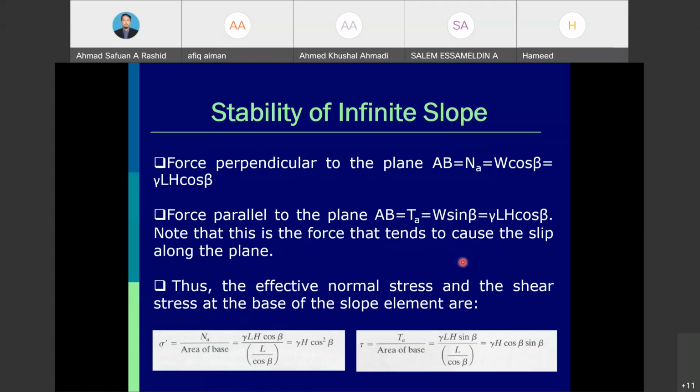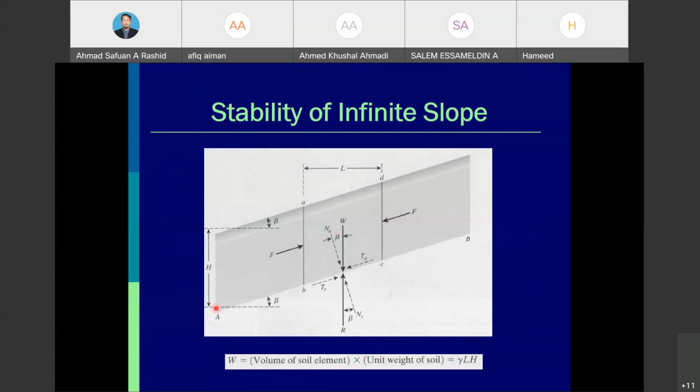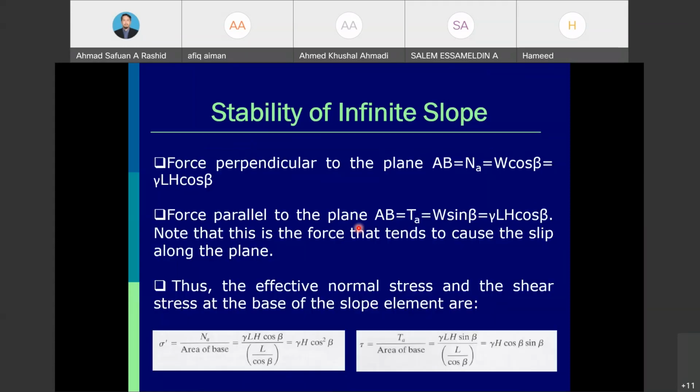So the force perpendicular to the plane AB, where is the AB? This is the AB. So the perpendicular is the Na. Then by using trigonometry, we get W cos beta.